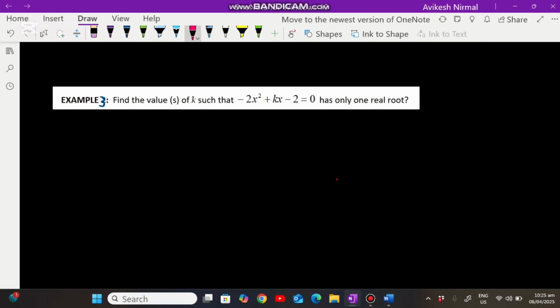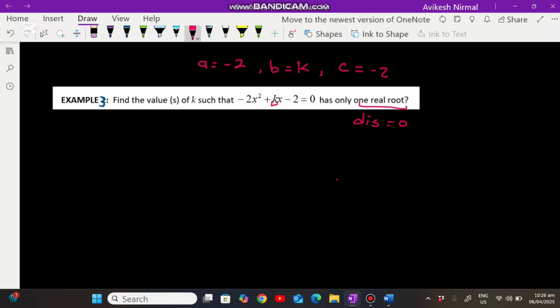Let's have a look at this example as well. Here we have to find the value of k, and because it has only one real root, this tells us that the discriminant is equal to 0. So let's identify our given values. A here is 2, B is k, the unknown value that we have to find, and C is 2.